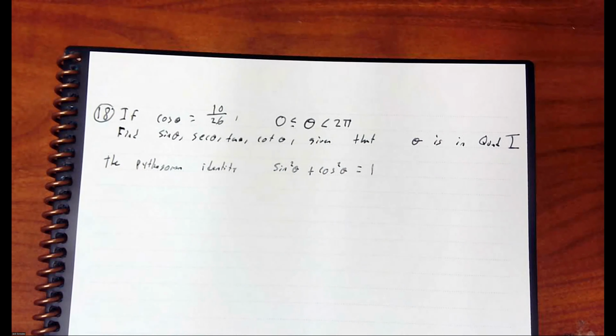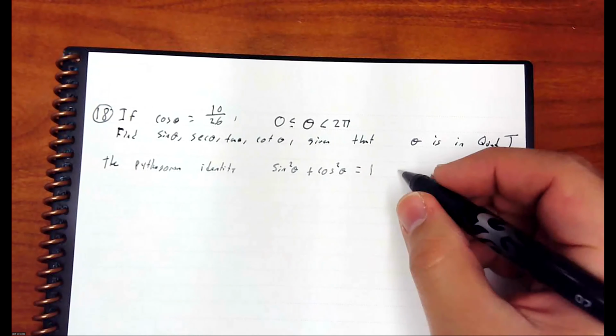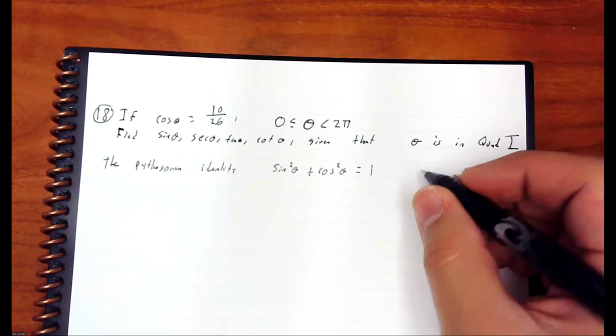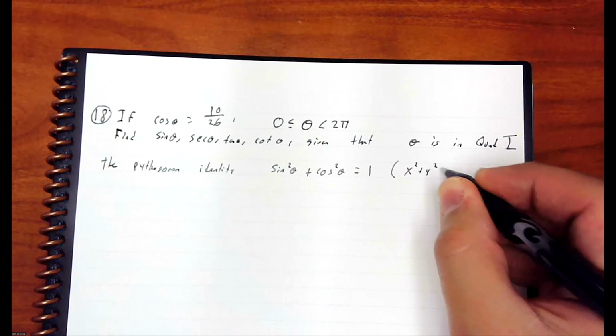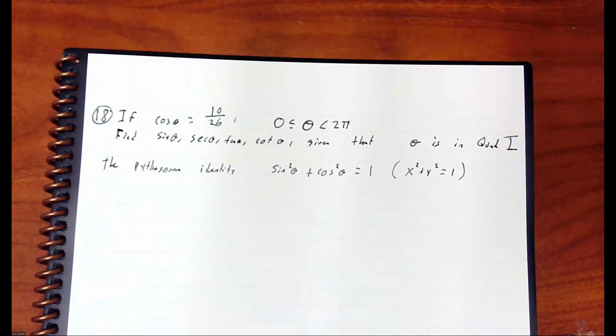We said to use this, or you can also use this. But we're going to stick with the Pythagorean. I think that's what they do in the book. So we have cosine. Plug in the cosine, and then solve for sine. So that's all we're doing.